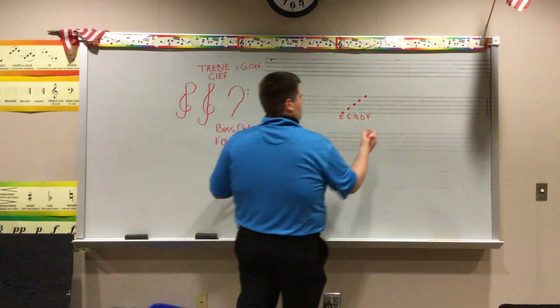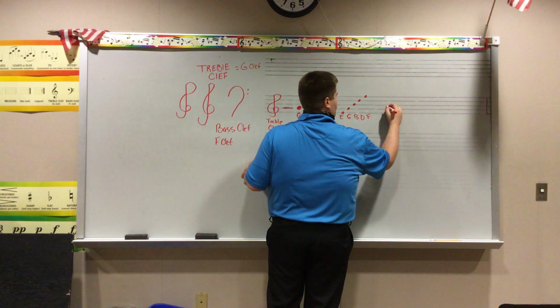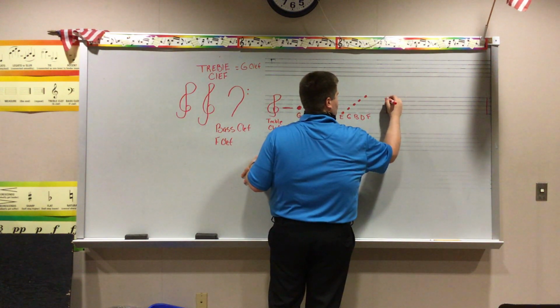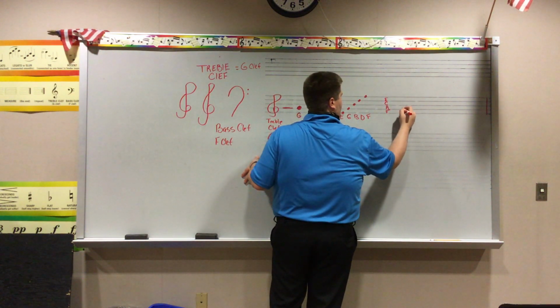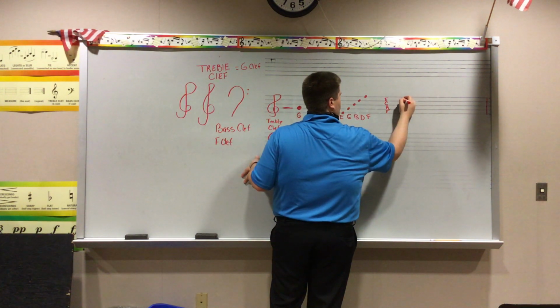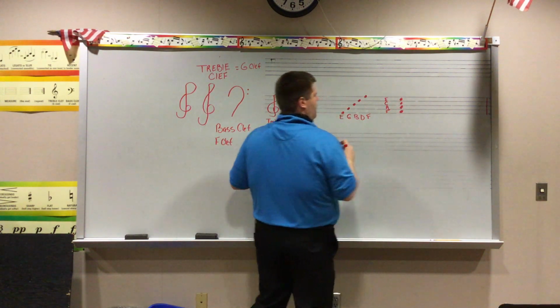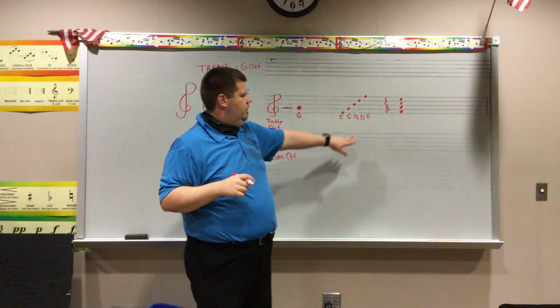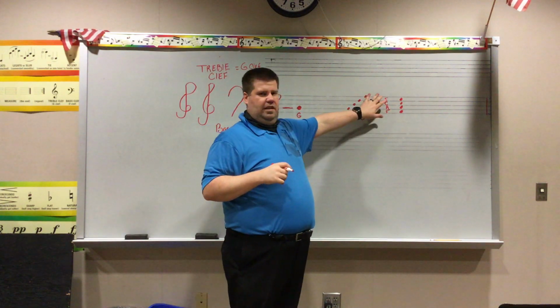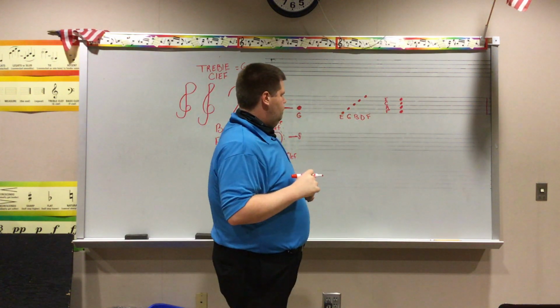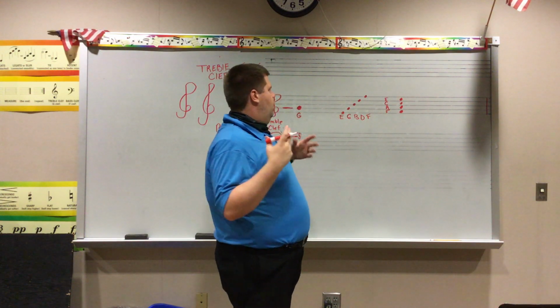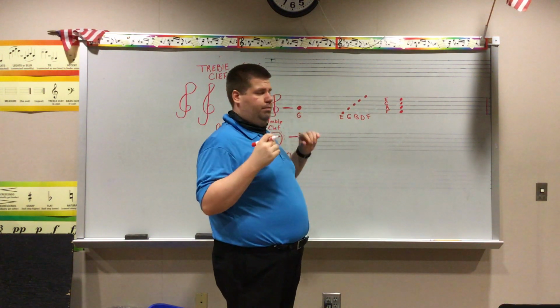Next is F, A, C, and E, which is line, here, here, and here. And as you can see, that spells face, F-A-C-E, okay? And that's what we use for the spaces of the pitches.